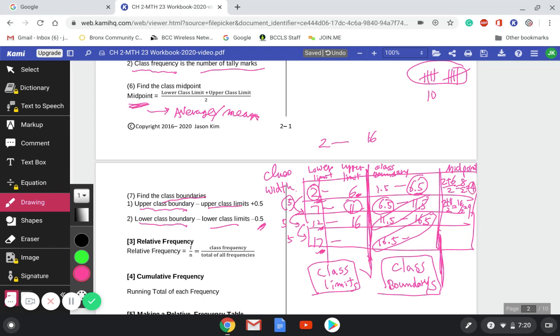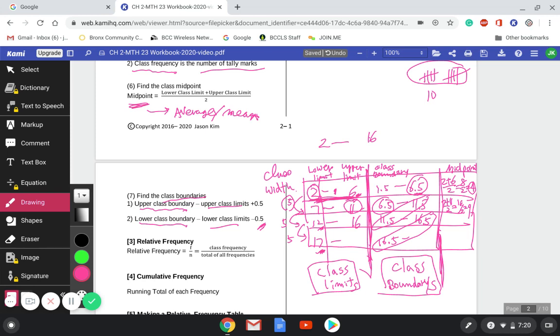So what does that mean? The middle portion is the average of the first class, smack in the middle. It's 2 plus 6 divided by 2. And the second one is 9.